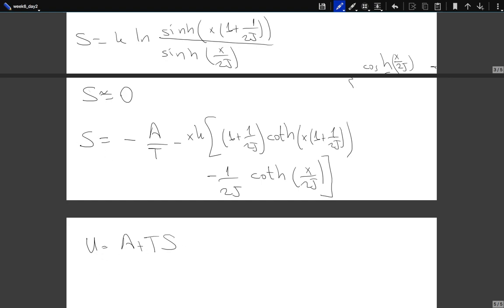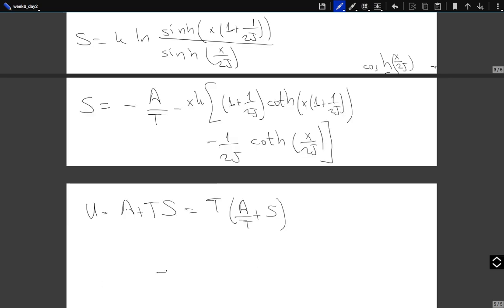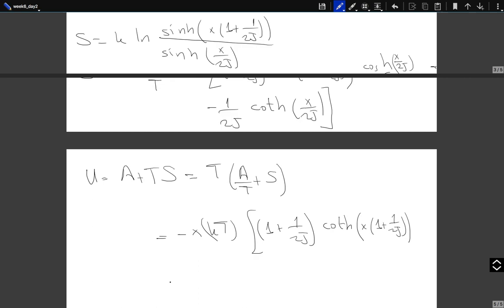So here we have the S. Basically, if you just move this term to the other side, you get T times A over T plus S. And so this is equal to minus xkT times 1 plus 1 over 2j coth x times 1 plus 1 over 2j, minus 1 over 2j coth(x over 2j). This is the total energy of the system.